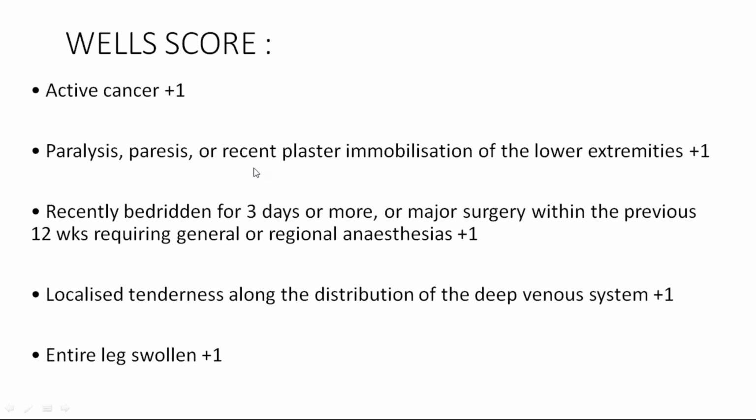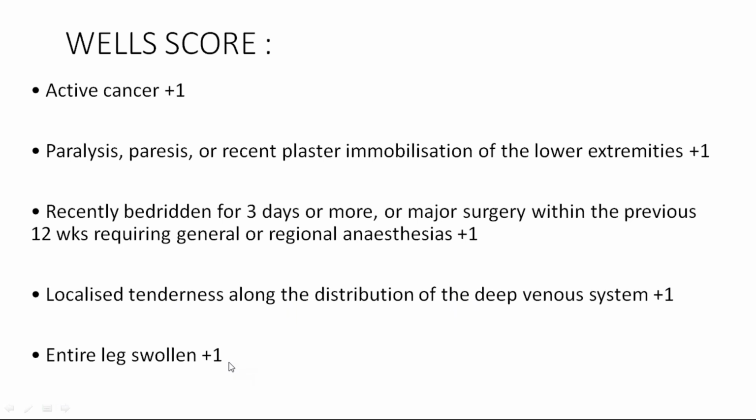In paralysis, paresis, and recent immobilization of the lower limbs, the score is +1. And recently bedridden for 3 days or more, or major surgery within the past 12 weeks with general or regional anesthesia, the score is +1. Localized tenderness along the distribution of the deep venous system is +1.